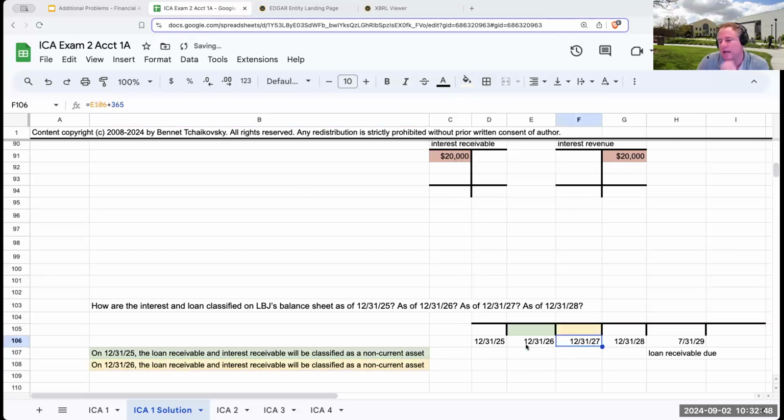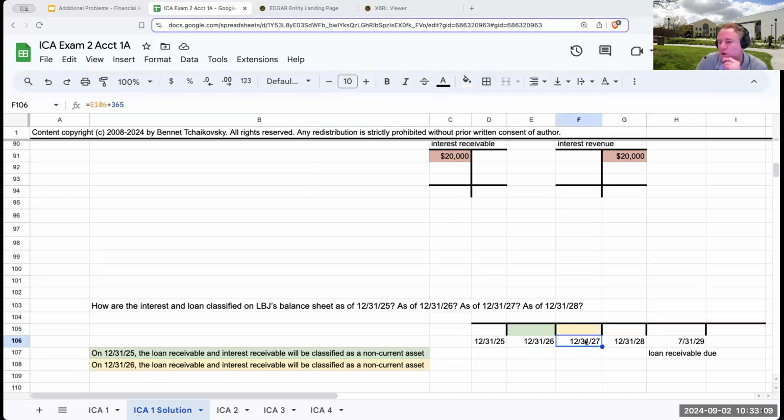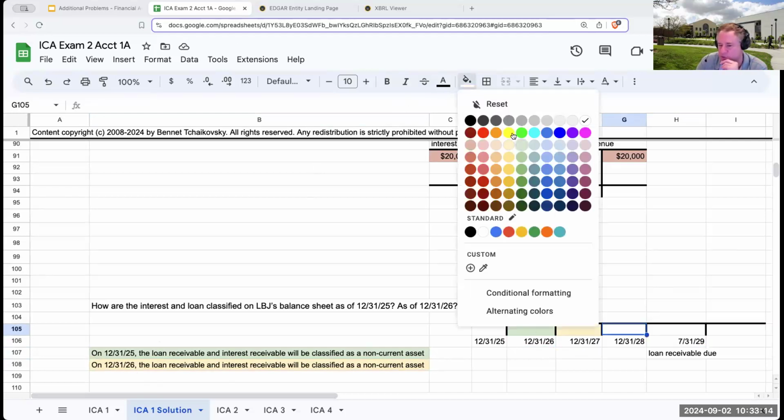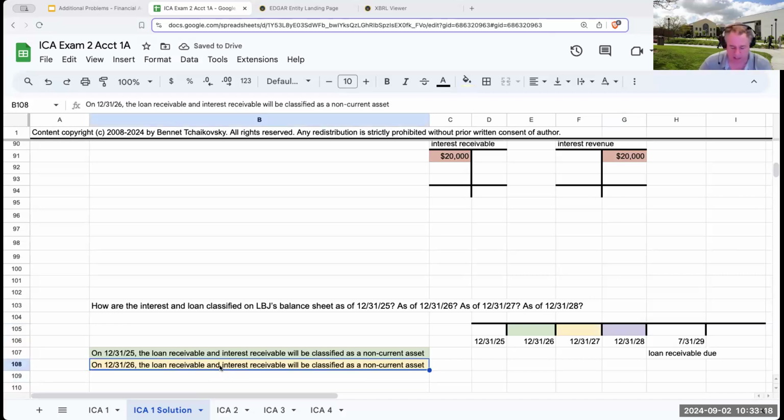As of 12/31/26, in order for it to be classified as a current asset, it would have to be repaid to me within 1 year. That's not the case. The loan is still due out here, so same issue. What about 12/31/27? Well, we're getting a little bit closer. However, it's still beyond 1 year.